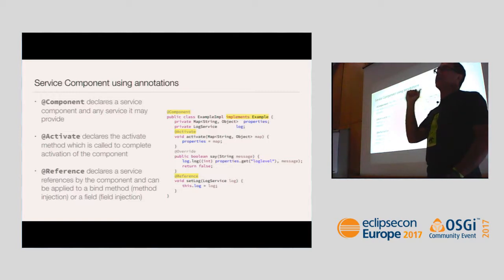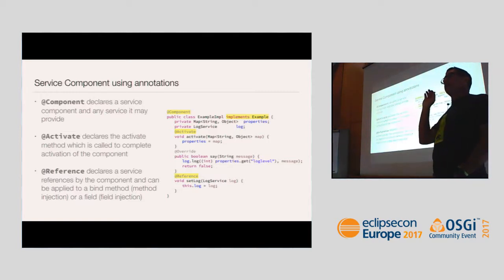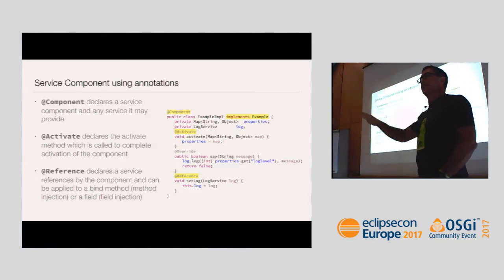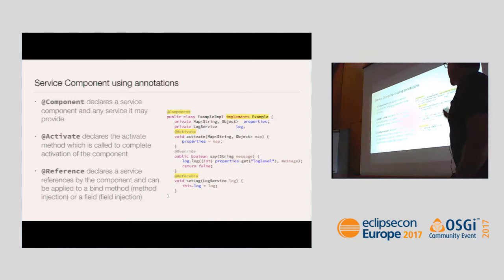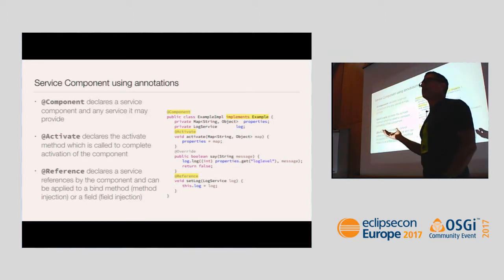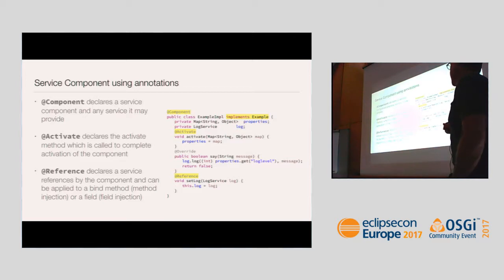So it might include some configuration information. It might include context that you can access, either the bundle or the component context, and let you get access to the system. And then generally what you want to do is use other services, right? You want to use other services in the system. So that's the @reference annotation. It says this is an injection point. I want to reference another service.